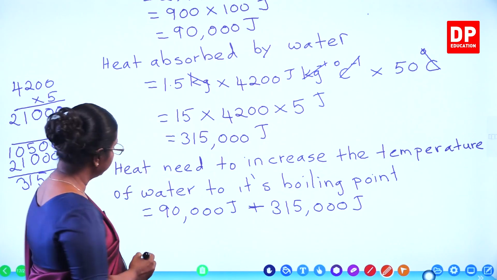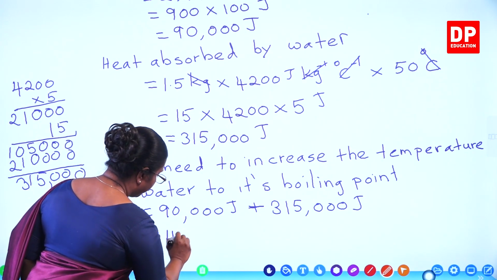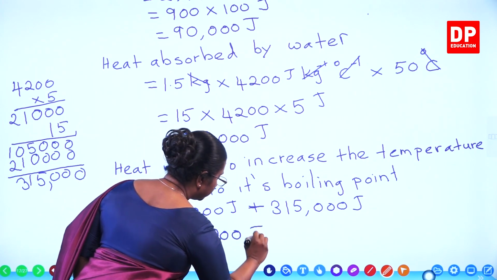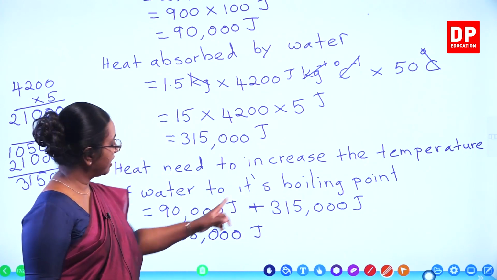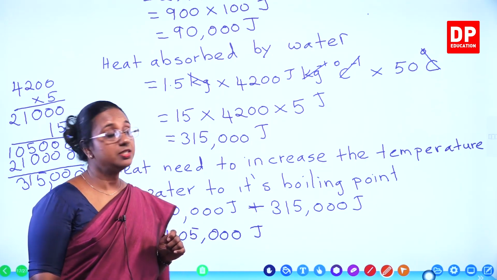When you add them together, you will get the value as 405,000 joules. 315,000 plus 90,000 is 405,000 joules.